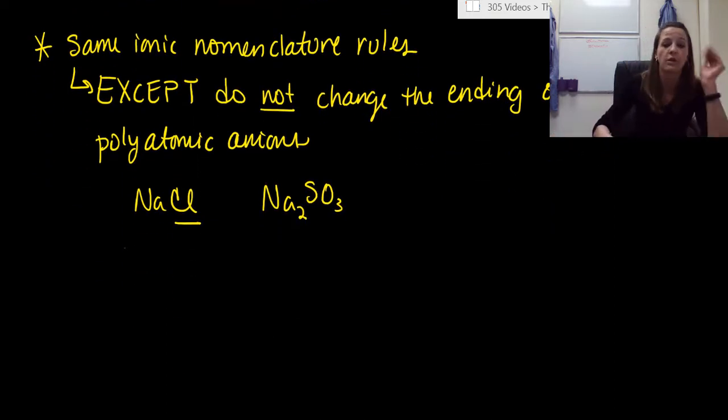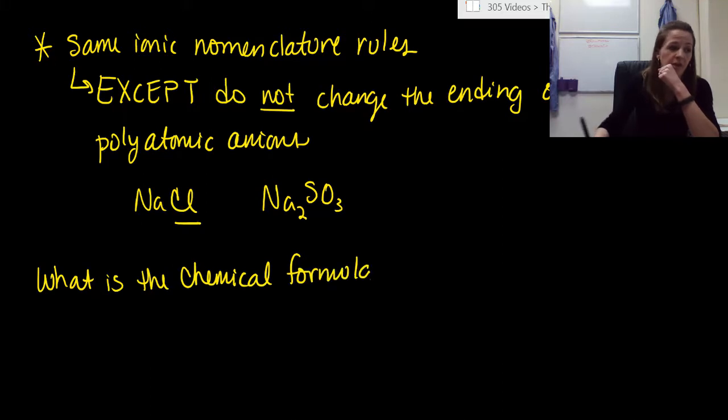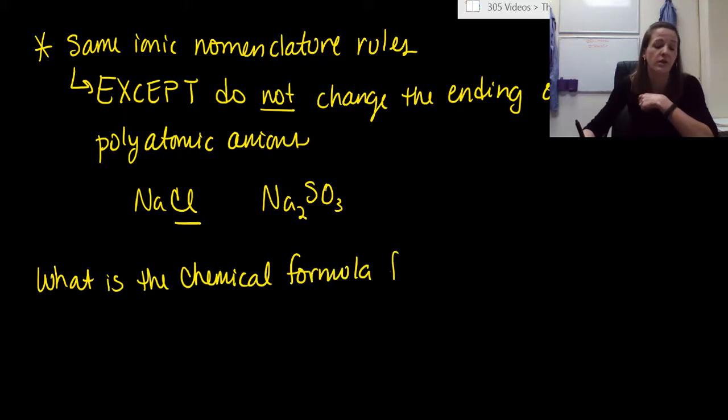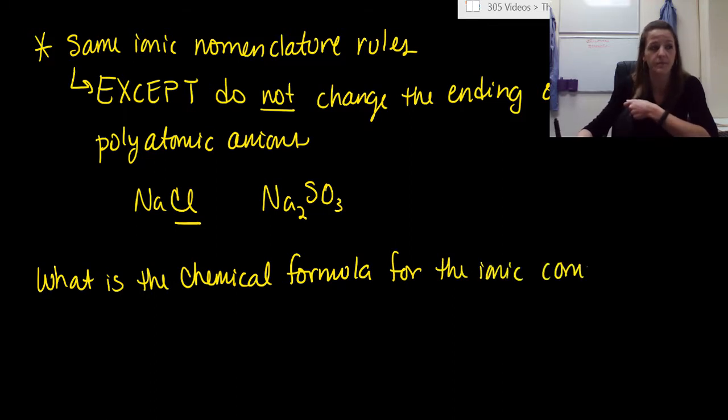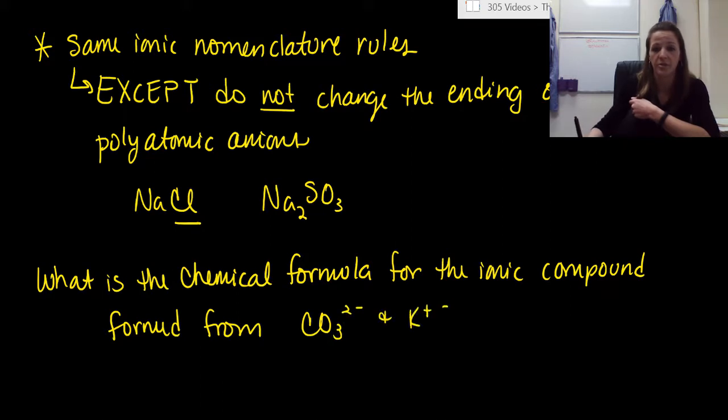So we're going to go through 3 questions here to see if you can get this. The first one is an exam question. What is the chemical formula for the ionic compound formed from carbonate and potassium?